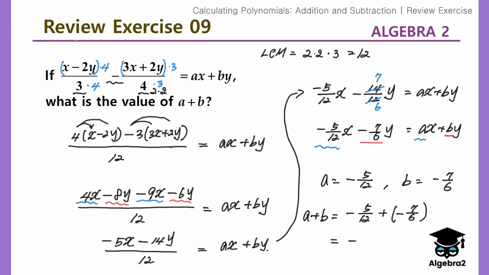That is equal to negative 5 over 12 minus 7 over 6. Well, 7 over 6 is 14 over 12, right? So multiply by 2, multiply by 2. So that's going to be negative 5 over 12 minus 14 over 12. So that's going to be negative 19 over 12.